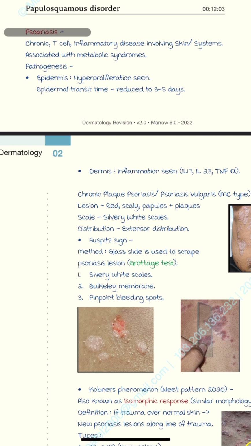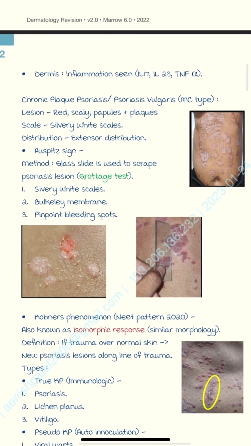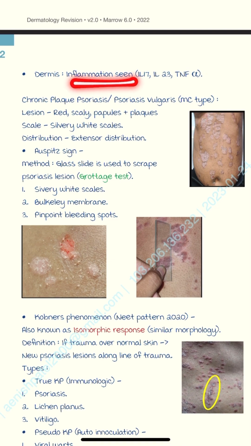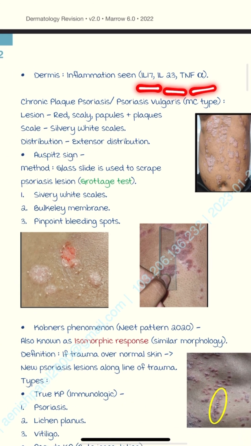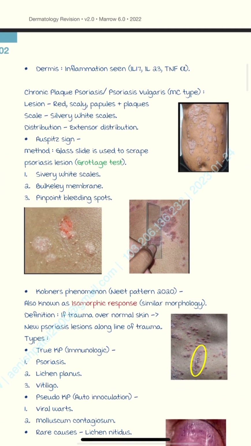The epidermal transit time, which is normally 28 days, is reduced to 3 to 5 days. Dermis: here, inflammation is seen, and interleukin 17, 23, and TNF alpha can be seen.